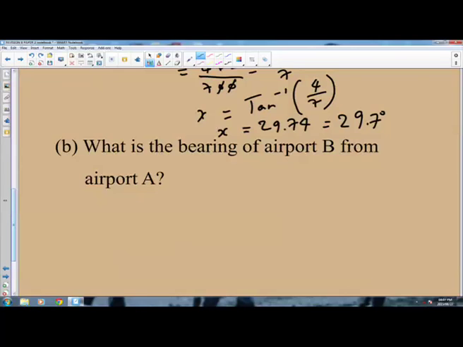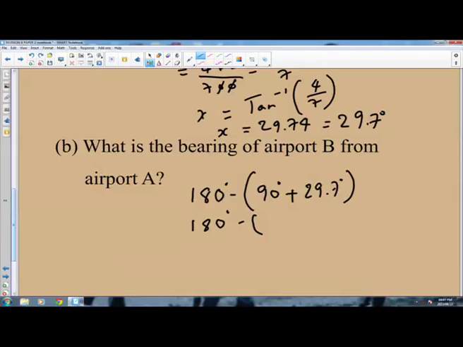So we have 180 degrees minus (90 degrees plus 29.7 degrees), and then we close the bracket. This will be 180 degrees minus, what is 90 plus 29.7?